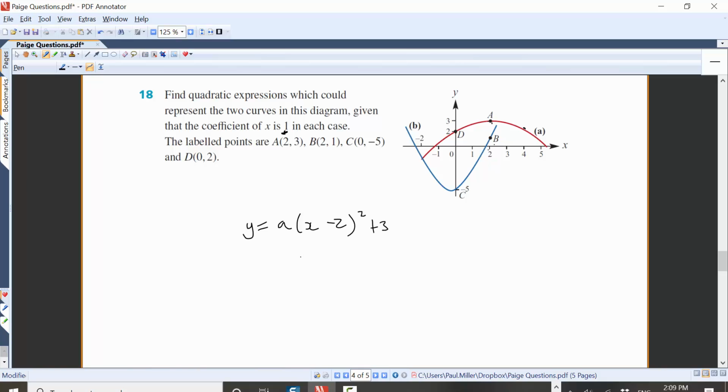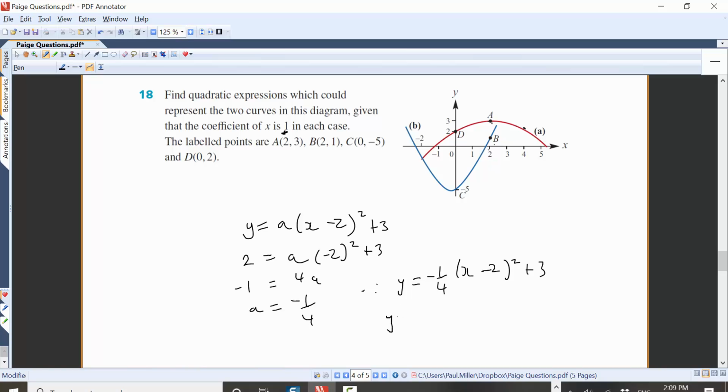Then substitute this one in here. When x is 0, y is 2: 2 = a(-2)^2 + 3. That's -1 = 4a, so a = -1/4. So therefore I believe that this one is y = -1/4 (x - 2)^2 + 3.